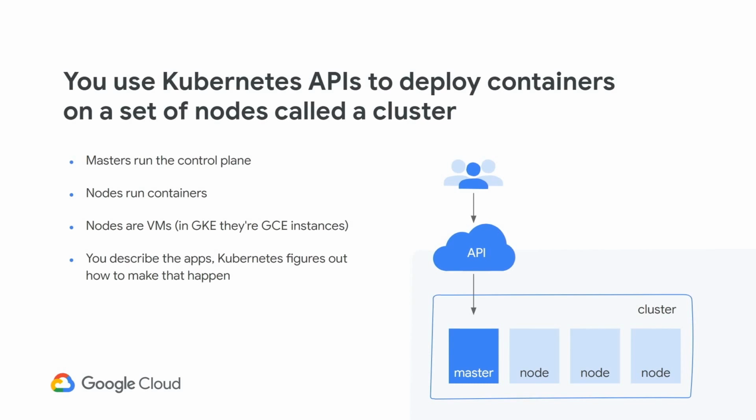And then I describe how I want my containers to operate. It's very declarative. One of the big changes is that virtual machines are often described as imperative operations: we boot up a VM, we log into a VM, and we do something. Whereas containers are much more declarative.